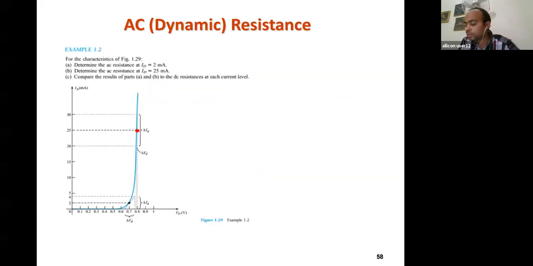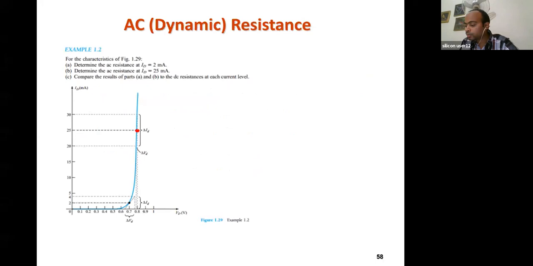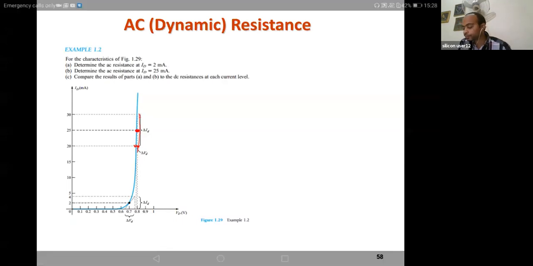In this same manner you make a tangent here and take 2 points across this tangent. Then you can find the delta VD and delta ID values, and you will find the AC resistance.